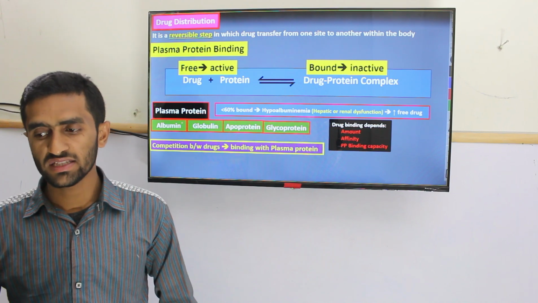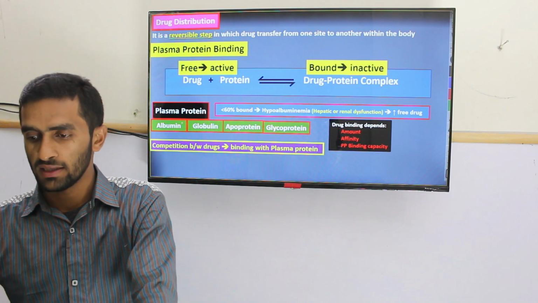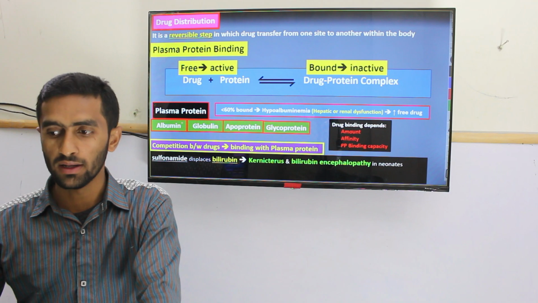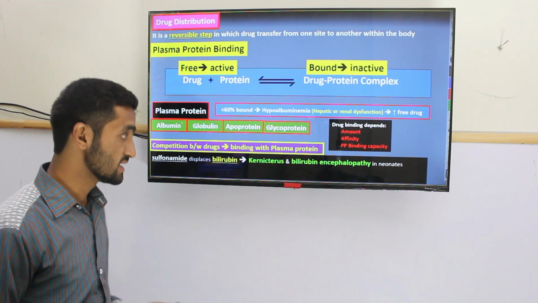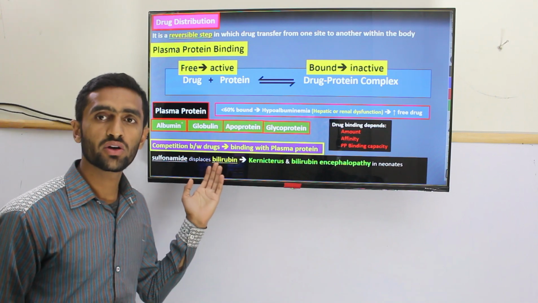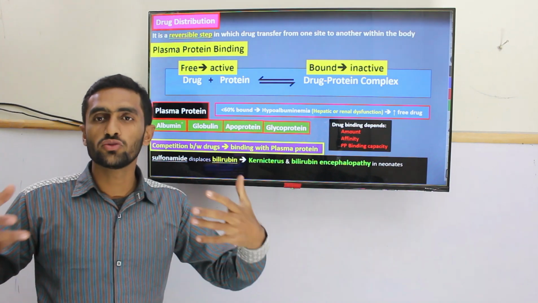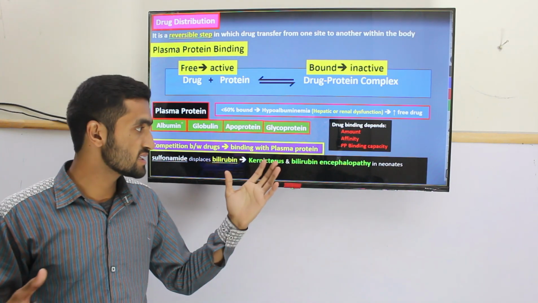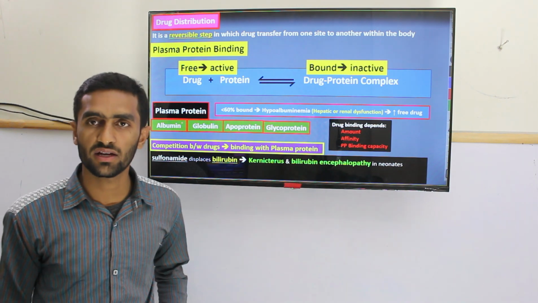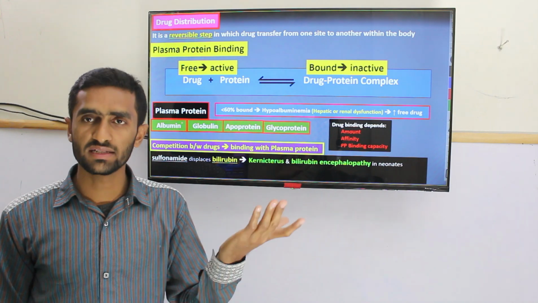So there is always competition among drugs for binding. For example, a common example is that sulfonamide displaces bilirubin. If it displaces bilirubin, what does it mean?